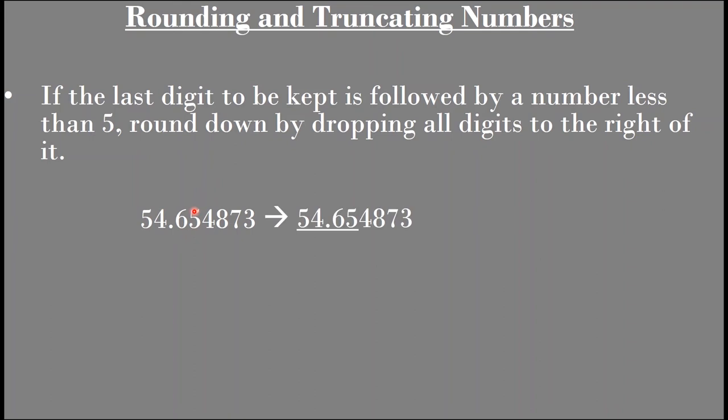You will be looking at the number that is right after this last digit to be kept. The last digit to be kept is this, and the number after it is less than 5. So after rounding, your answer will be 54.65. You will just drop these numbers here.